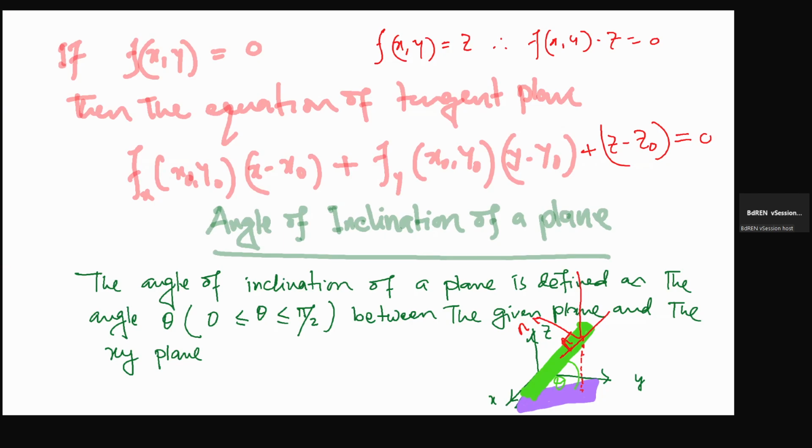So this angle is theta. So n is the normal to the tangent plane, and k is the normal to the base plane. So between these two is called the inclination angle. So now can we go to the next page?